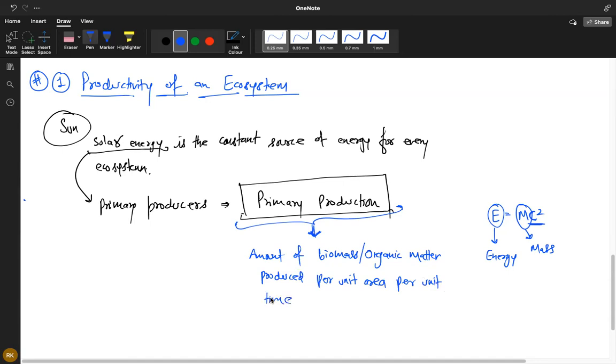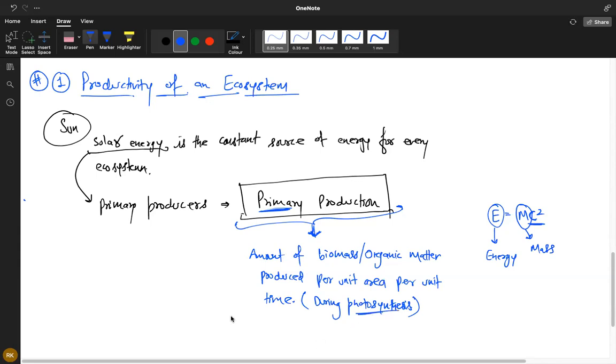Because you also have to define time, right? And we only consider the matter that is produced through photosynthesis. That is primary production. So the word primary will always be associated with photosynthesis.